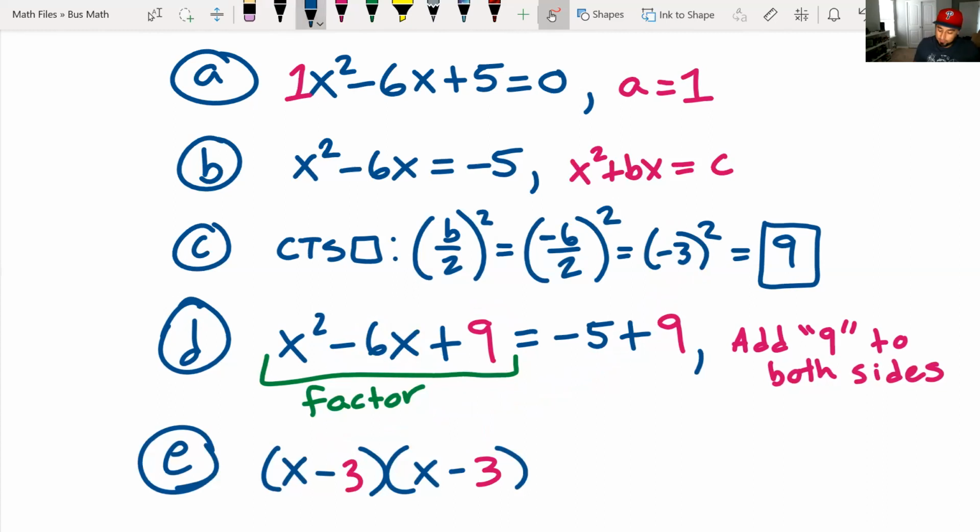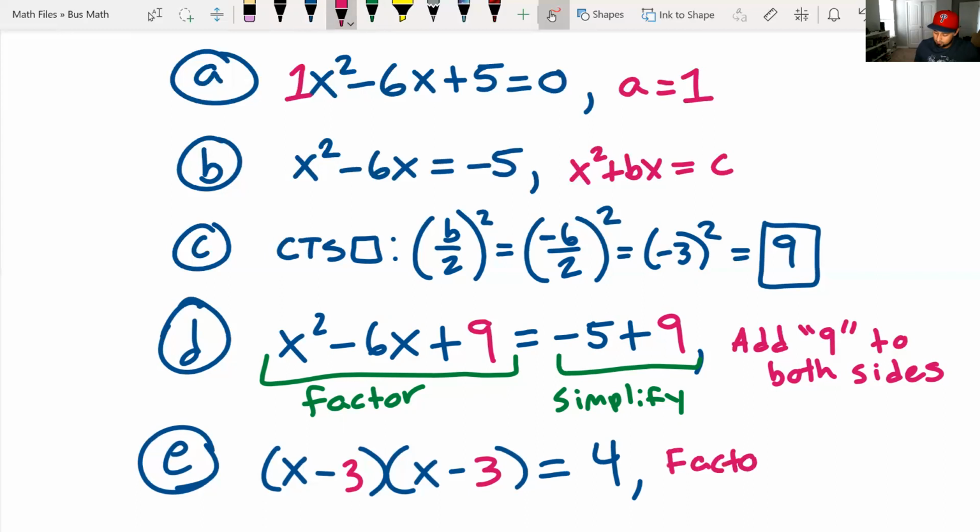And then this will be equal to -5 plus 9, which gives us 4. All right. So that was factor. This was simplify. So step 4 was factor and simplify.